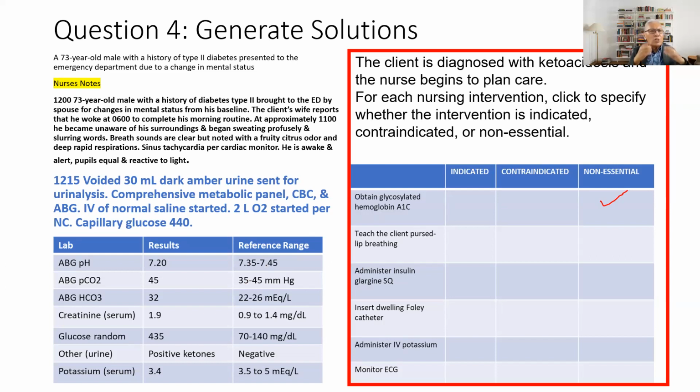It's called pursed lip breathing because you inhale and then exhale through pursed lips, so you're trying to blow off carbon dioxide. Will that help in this situation? Yes, it will help because it will try to remove some of the excess acid. So I think that the correct answer here is that it is indicated.